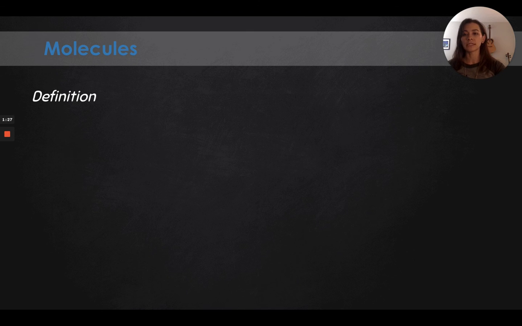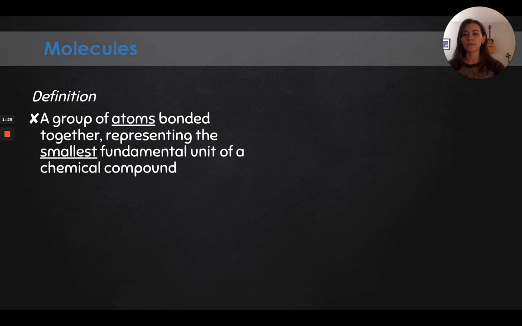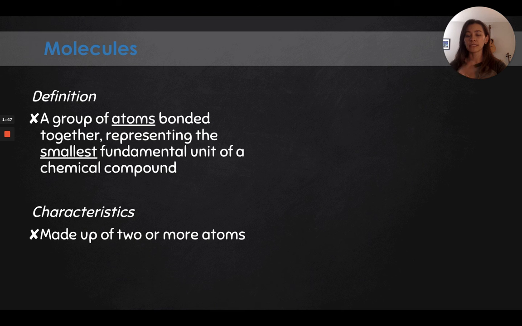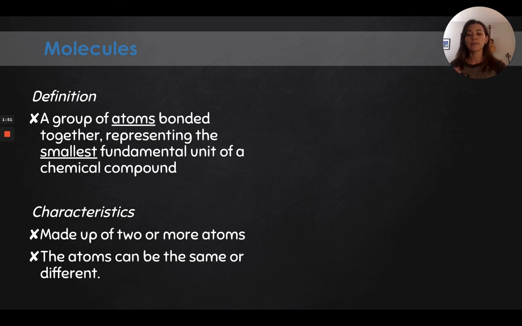And then we are going to do a deep dive into the definition of molecules and compounds. So molecules, definition, is a group of atoms that are bonded together, and they represent the smallest fundamental unit of a chemical compound. So atoms, once they're bonded together, are called a molecule, and that's the key idea here. Characteristics of molecules: they have at least two atoms bonded together. The atoms can be the same or they can be different.